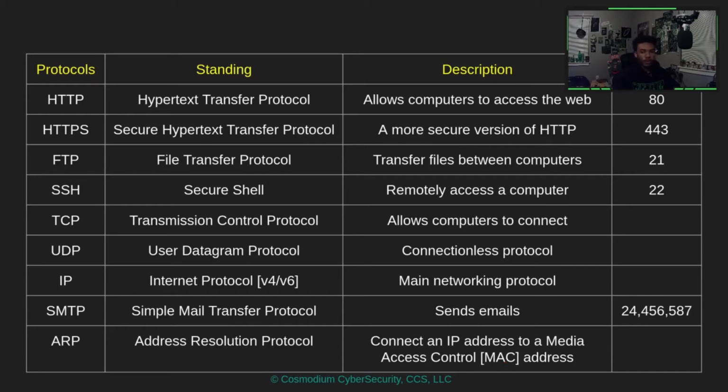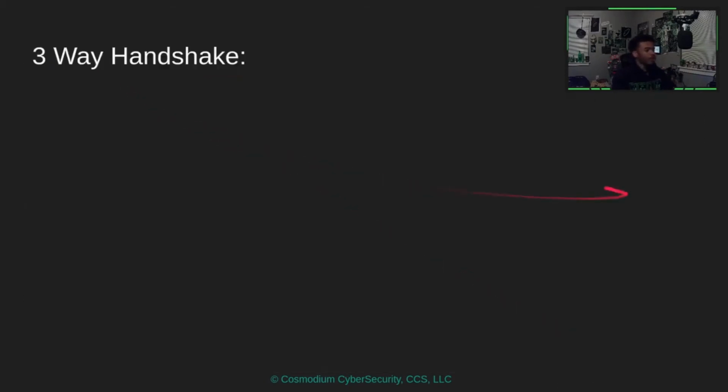We can even learn how to spoof these MAC addresses. Spoofing is kind of like pretending to be something. So if we spoof the MAC address of the router, for example, you could pretend to be the router and trick devices into sending information to your computer. It's pretty cool.